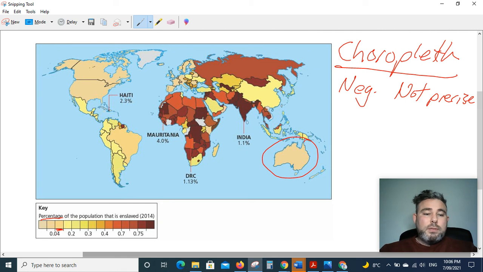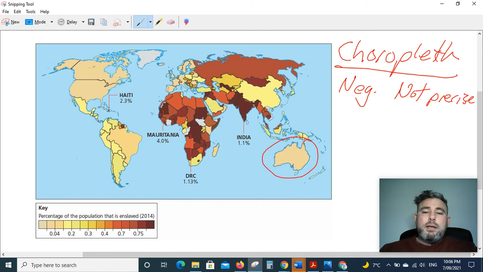So we're going from 0.04 to, I guess, probably 0.1. I don't even know how to read the scale on this one. That's my fault. Anyway, what that tells me is a general indicator of what Australia's enslavement rate is like, its percentage.